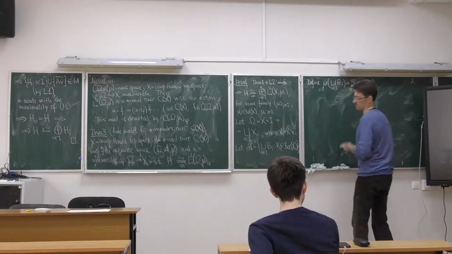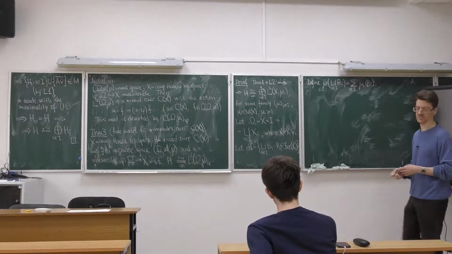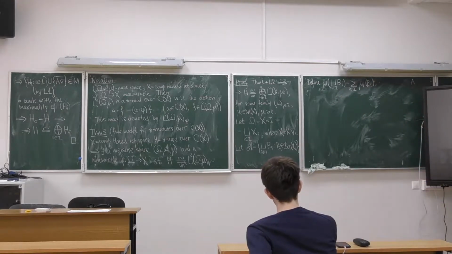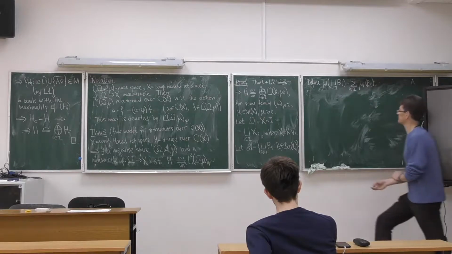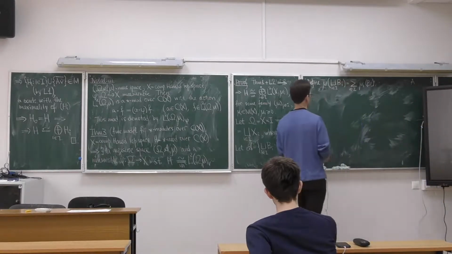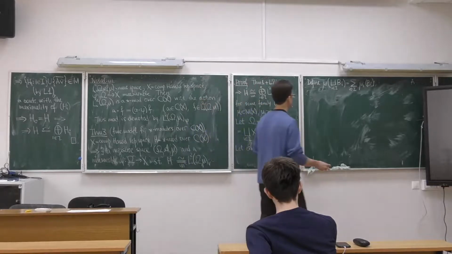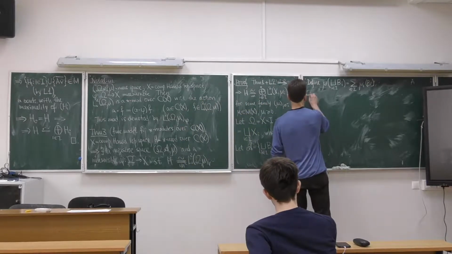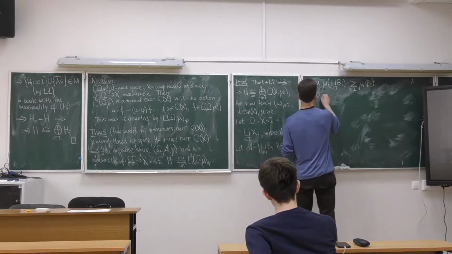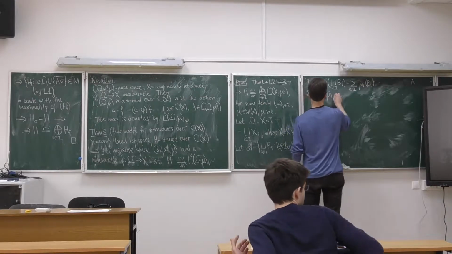Of course, I don't claim that this is always finite. In general, this is not the case. But nevertheless, it is easy to see that we get a sigma additive positive measure on A. So we get a measure space. Omega, A, mu is a measure space.